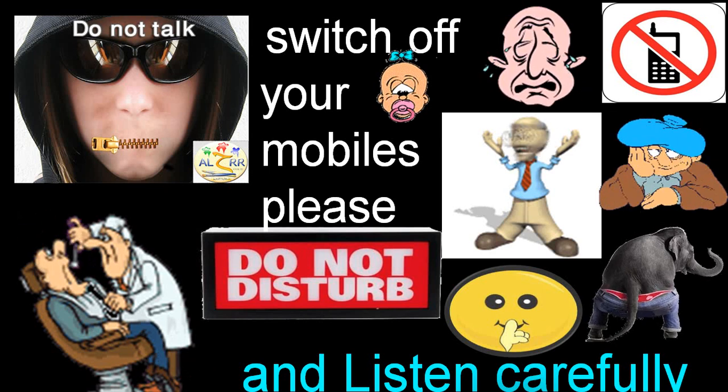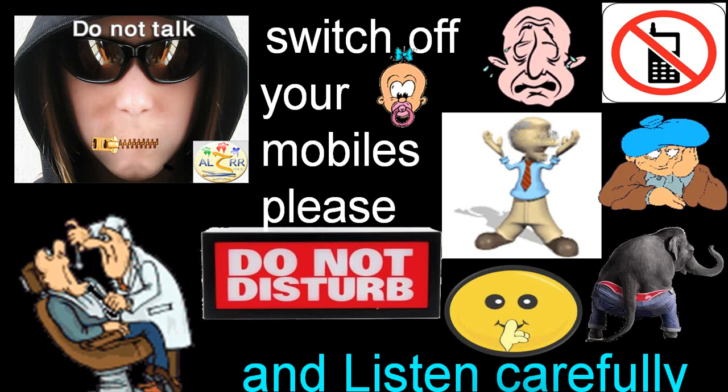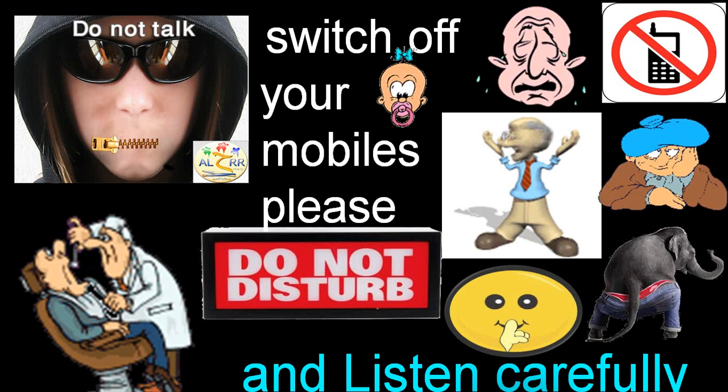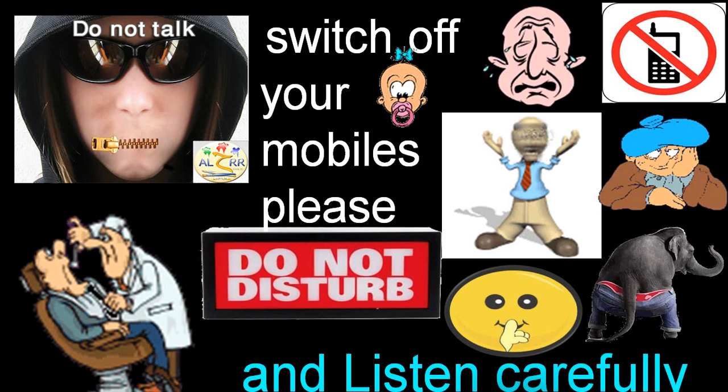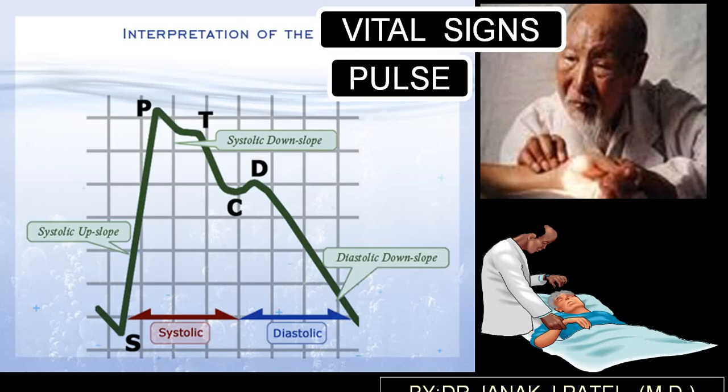This is one of the most important vital signs which any person can examine very easily, and if you examine the pulse properly you can pick up a lot of conditions.